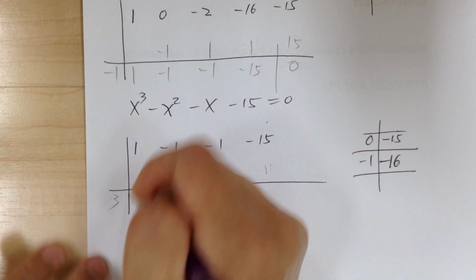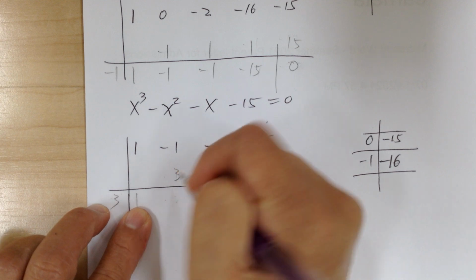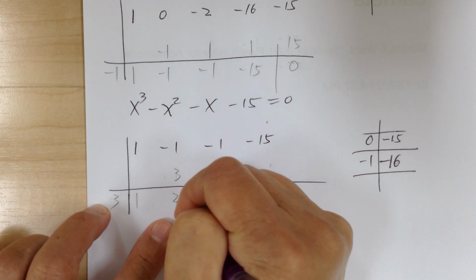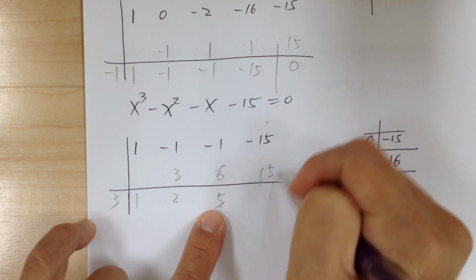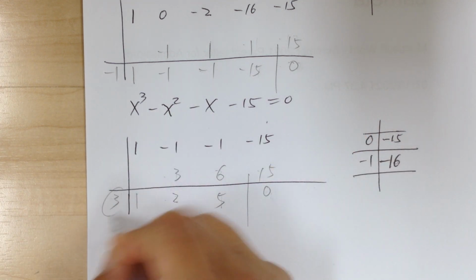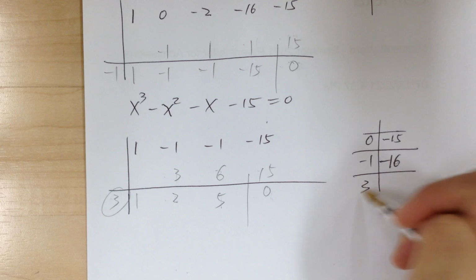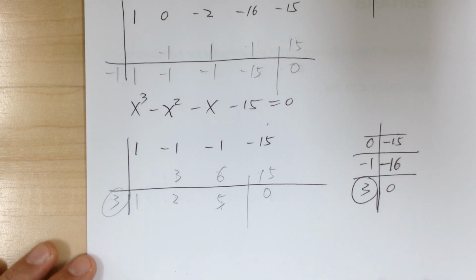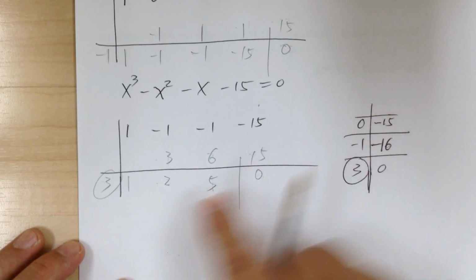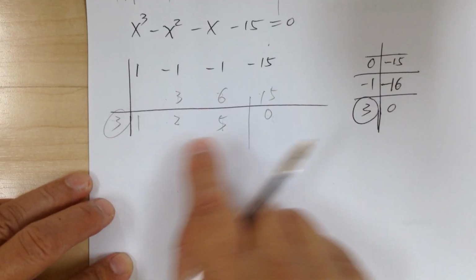So try 3. You drop, multiply, add, multiply, add, multiply, add. Okay, so it's good. So when you try 3, you get 0. So here's another answer. Once you get these two answers, now you can write the depressed equation.